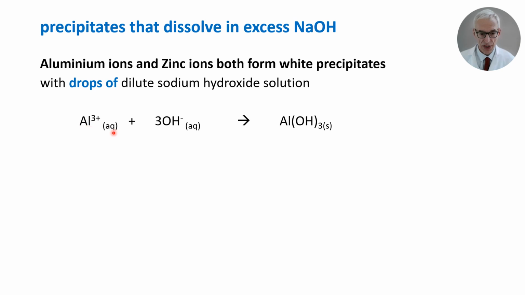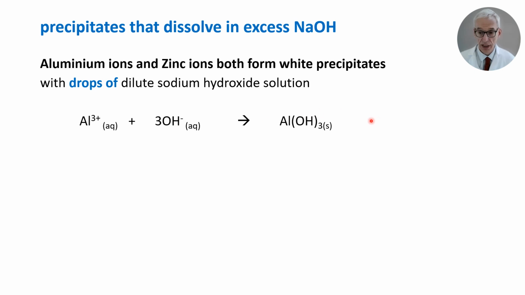Aluminium 3 plus dissolved in water, aq, plus 3 hydroxides, aq, gives us our precipitate, aluminium hydroxide, s for solid. Notice the balancing 3 hydroxides because we have a 3 plus metal ion. Each hydroxide is 1 minus, so to produce a neutral compound, the aluminium 3 plus ion reacts with 3 hydroxide ions.